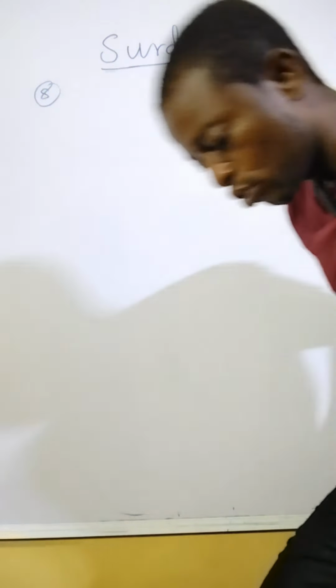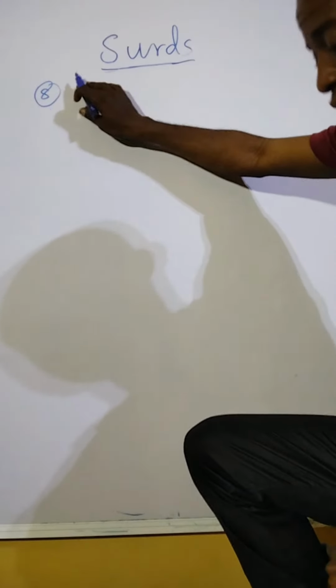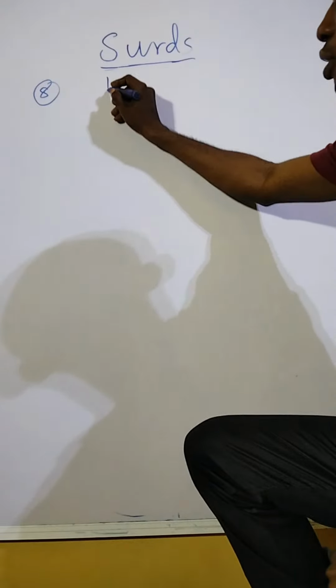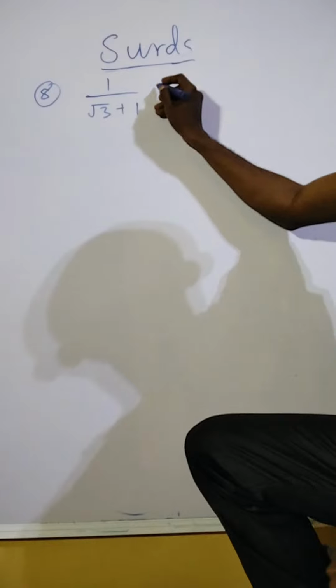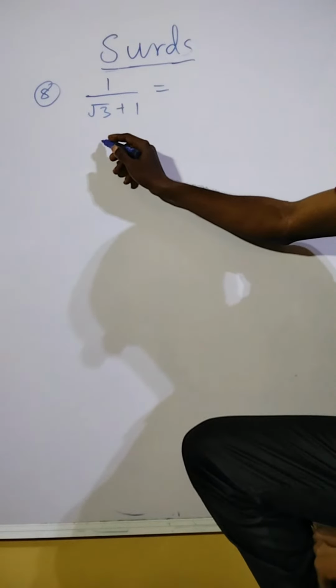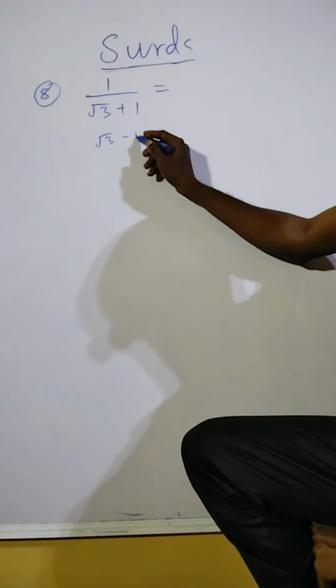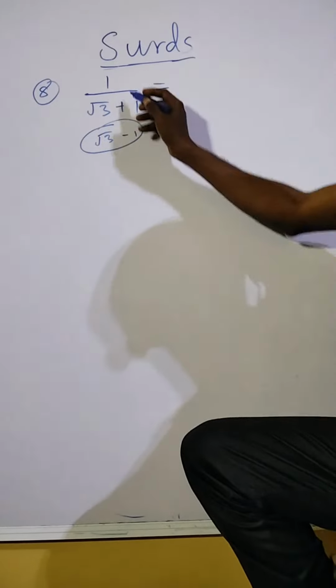We have to also simplify 1 divided by root 3 plus 1. So this is actually a simple one. So rationalize this. The conjugate of the denominator is root 3 minus 1. So use this conjugate now to multiply the numerator and denominator.